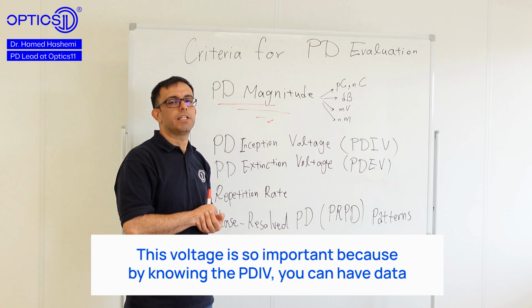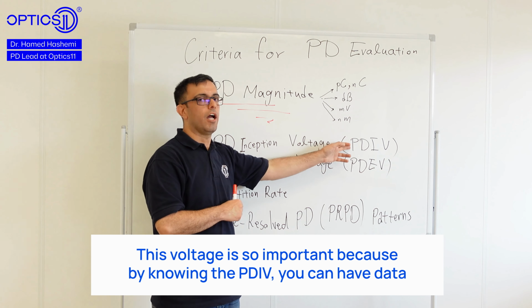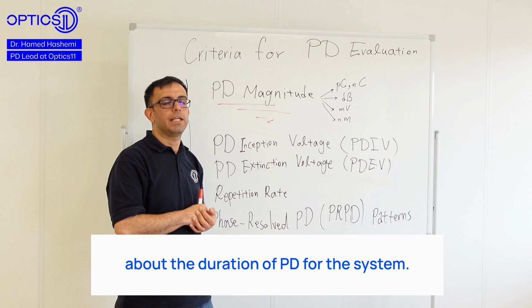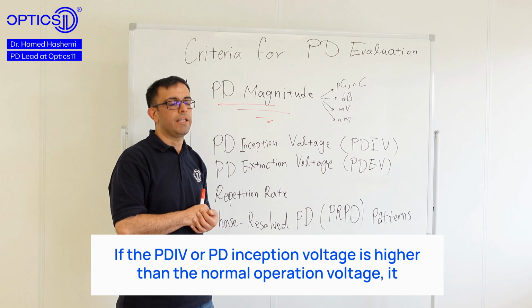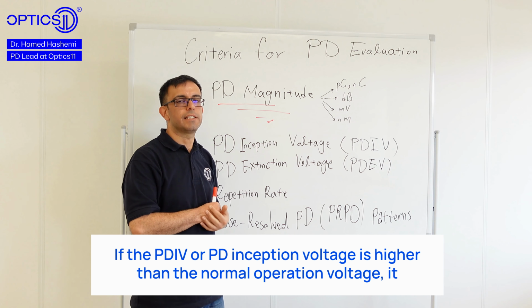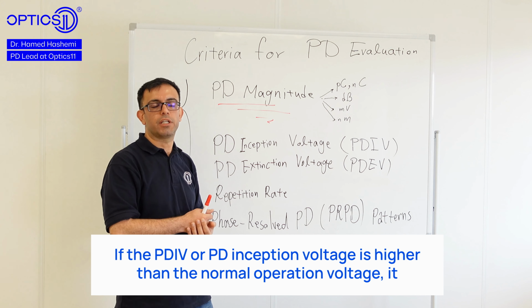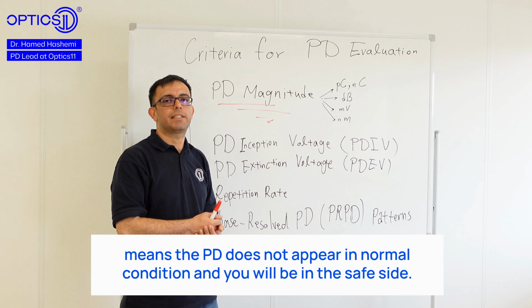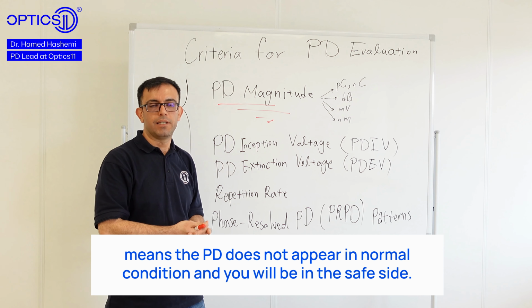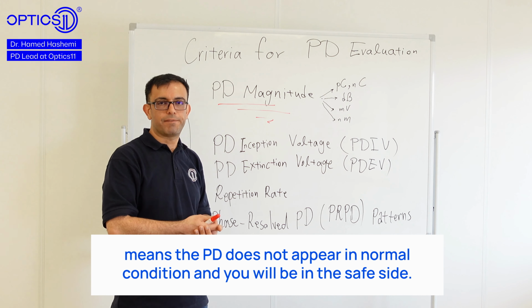This voltage is so important because by knowing the PDIV, you can have data about the duration of PD for the system. If the PDIV or PD inception voltage is higher than the normal operation voltage, it means the PD does not appear in normal condition and you will be on the safe side.